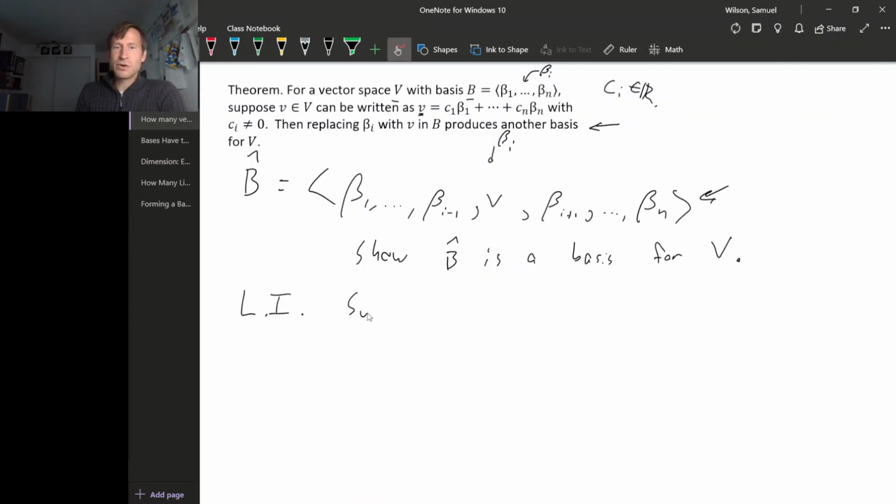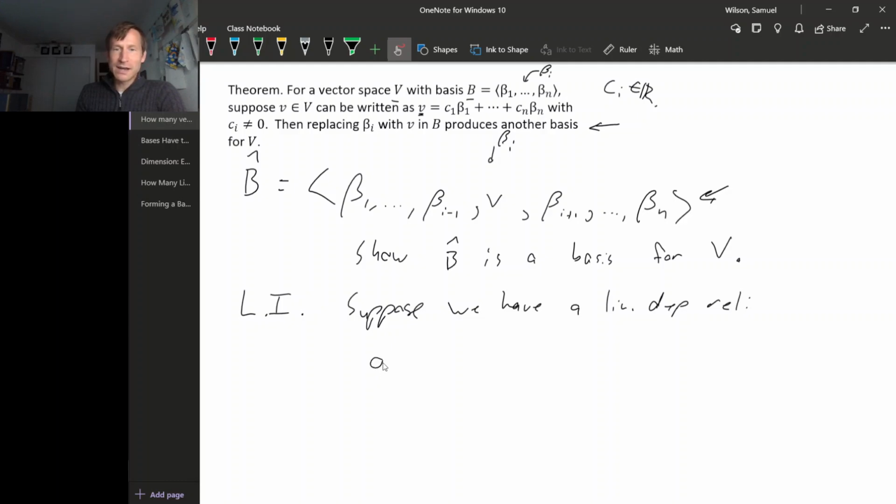So let's suppose that we have a linear combination of these vectors in B hat that gives us 0. So in other words, suppose we have a linear dependence relation, right? That's what I'm really saying. So what would that look like?